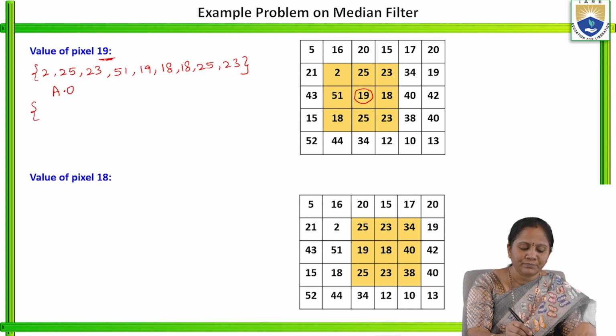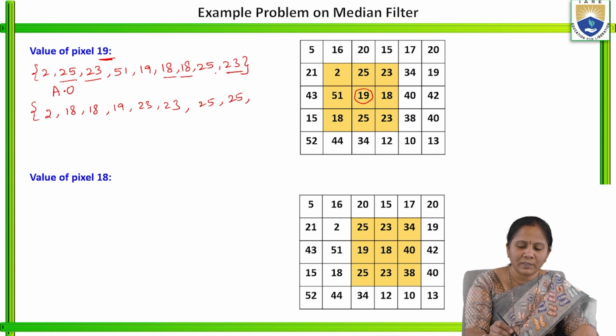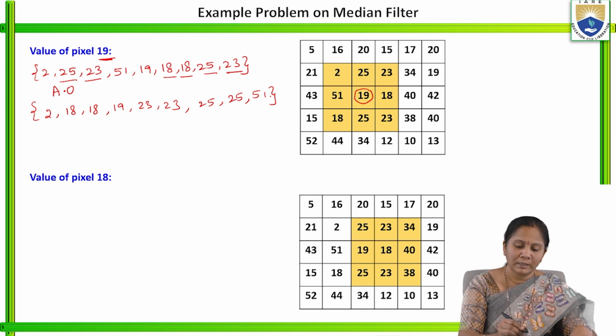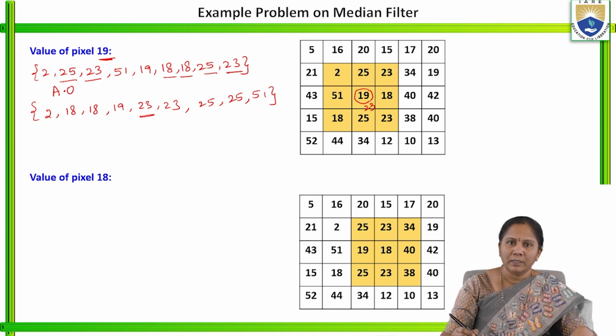If we arrange, we will get 2, 18, 18, so two 18s are here and we have to write them twice. Then 19, 23, 23 because here two 23s are there. Next 25, 25 because here two 25s are available, and the last one is 51. Like this we have to arrange in ascending order. The middle value is 1, 2, 3, 4 and this 23 is the middle value. So this 19 will be replaced with 23.